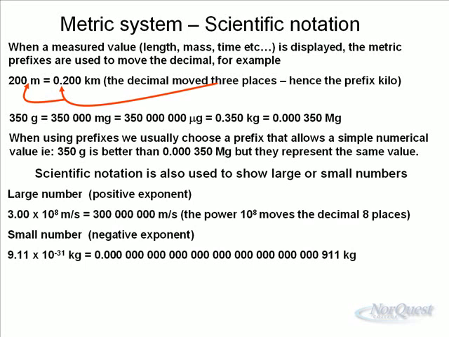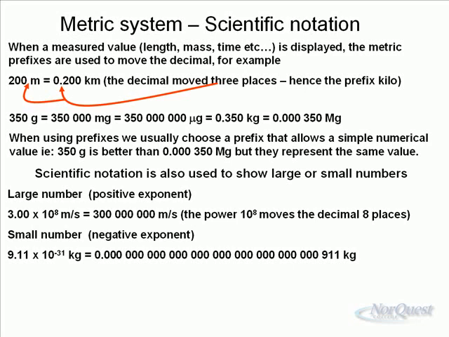All right, scientific notation is also used to show large or small numbers. Large numbers, as we recall from kilo, mega, they have a positive exponent, and you're multiplying the base of the number by 10 to the 8, or in the second case by 10 to the minus 31.